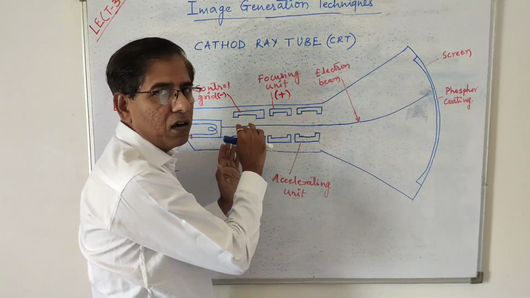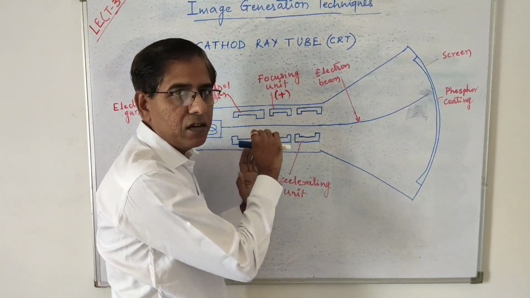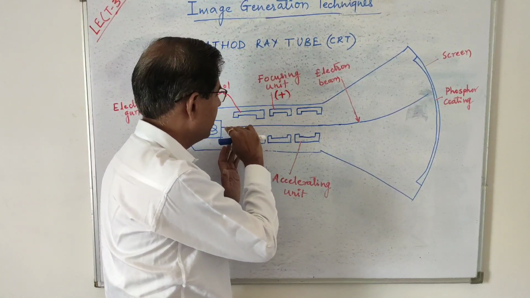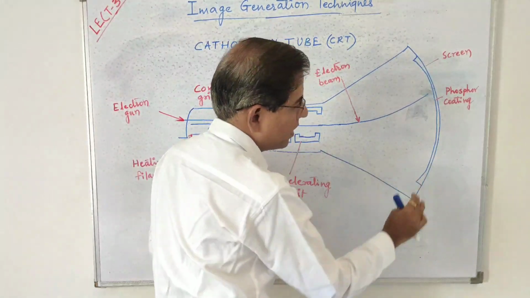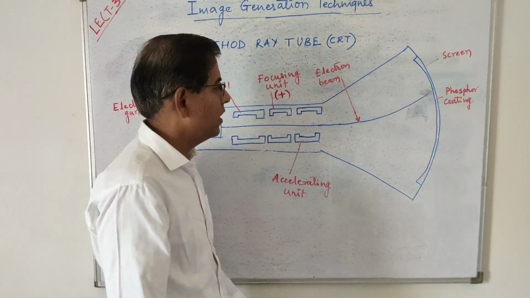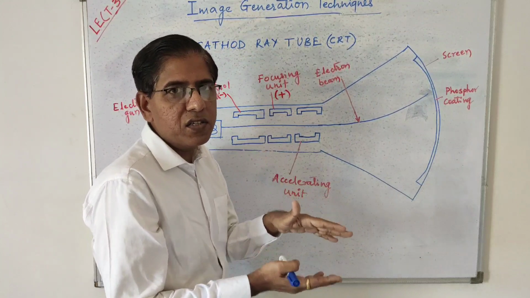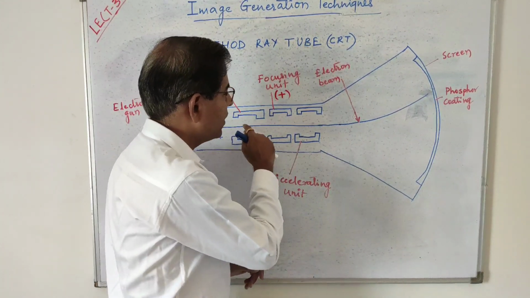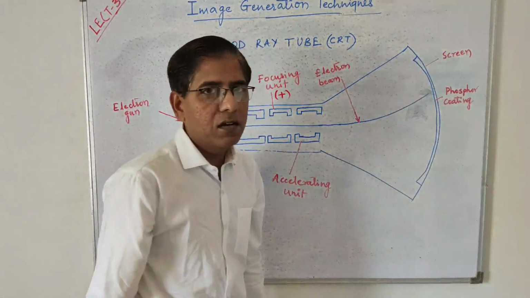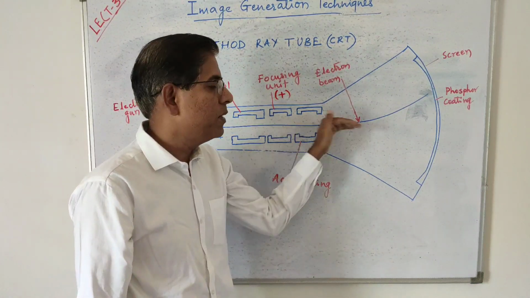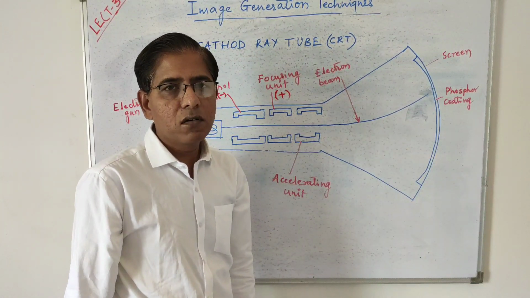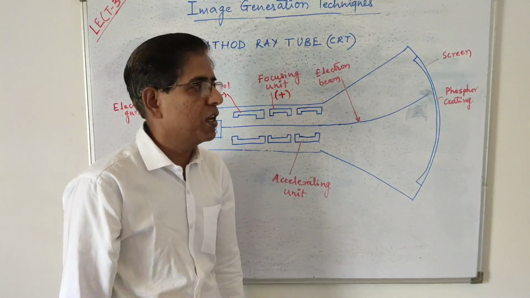If the need arises where the electron beam has to strike at the bottom portion of the screen, then the focusing unit will adjust the path of the electron beam, and the electron beam strikes the downward portion of the screen.